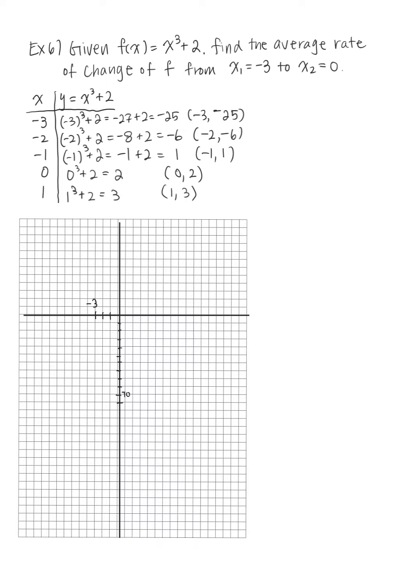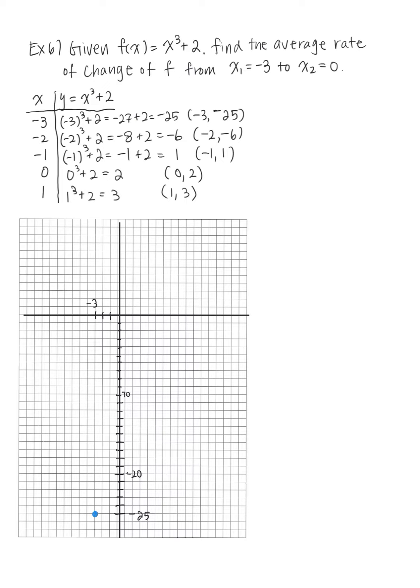That's -10. 1, 2, 3, 4, 5, 6, 7, 8, 9, and a 10. So that's -20. 1, 2, 3, 4. We made it. Okay, so here, let me just plot -3, and then -25.